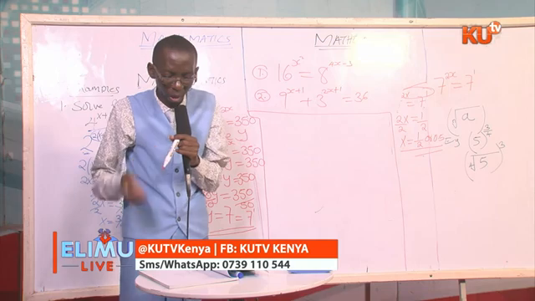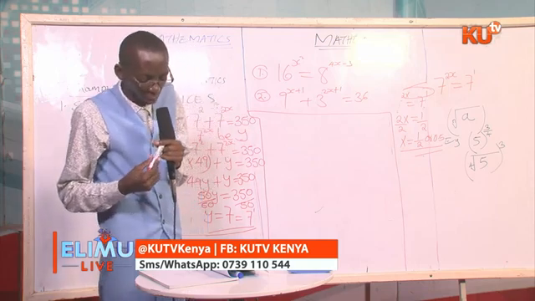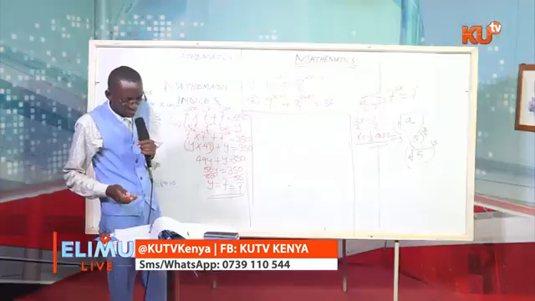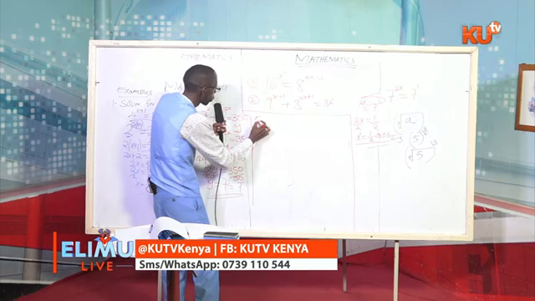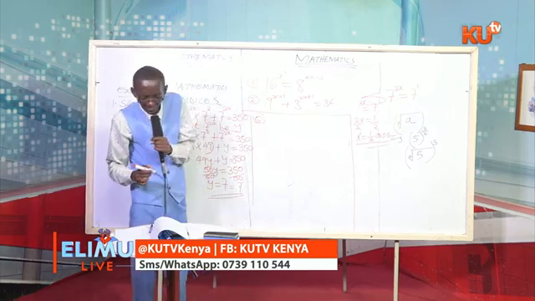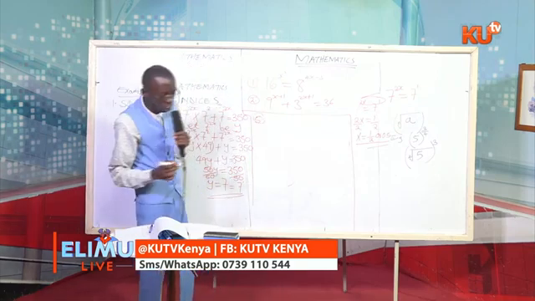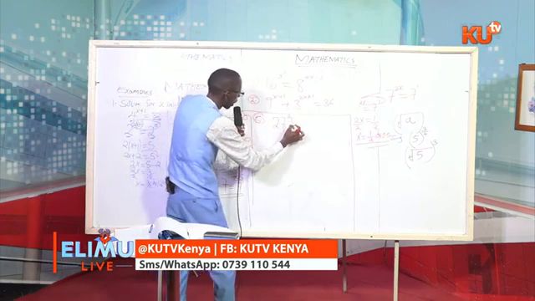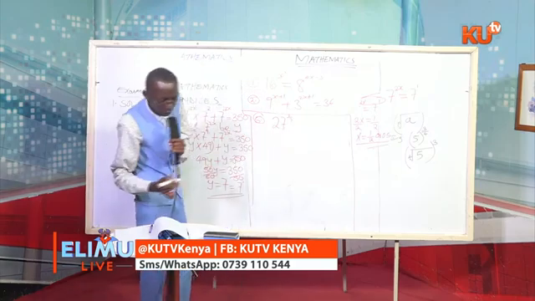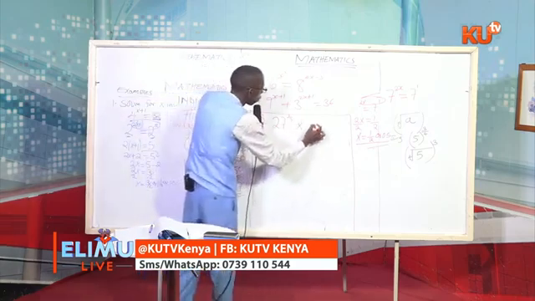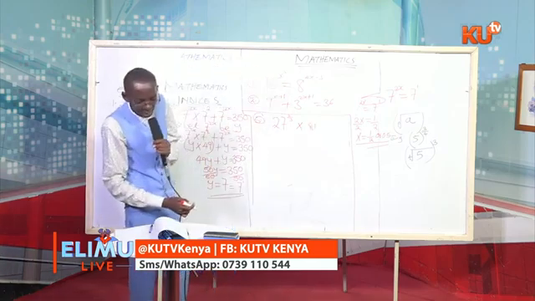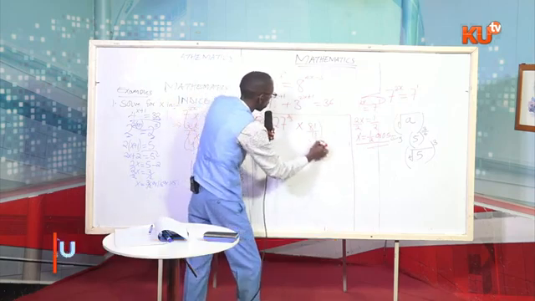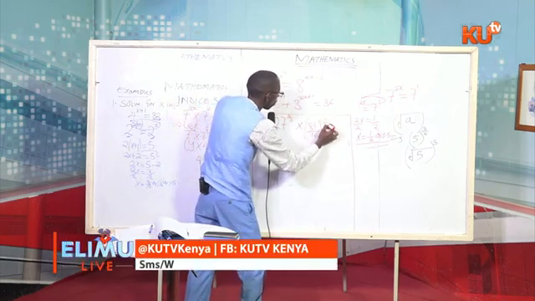Without using mathematical tables or a calculator, evaluate 27 to power 2 over 3 times 81 over 16 to power negative 3 over 4.